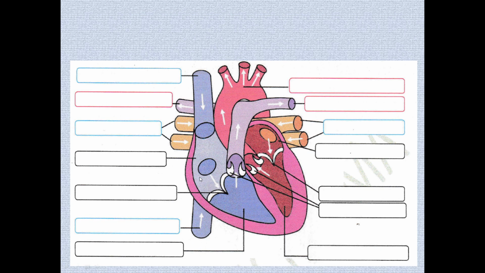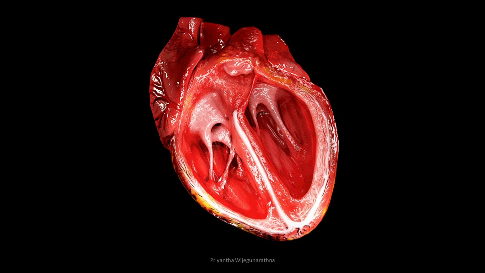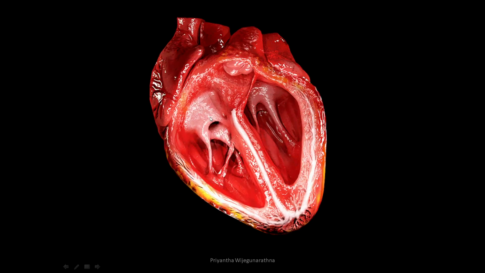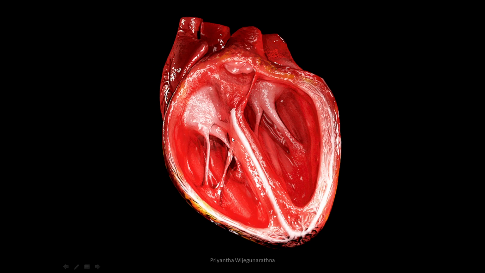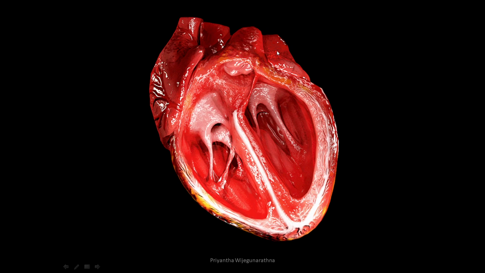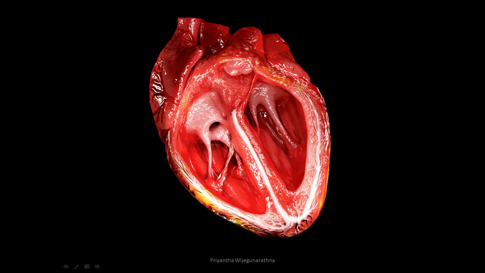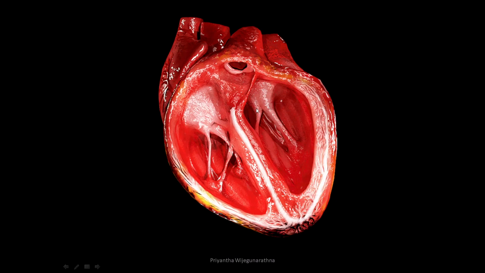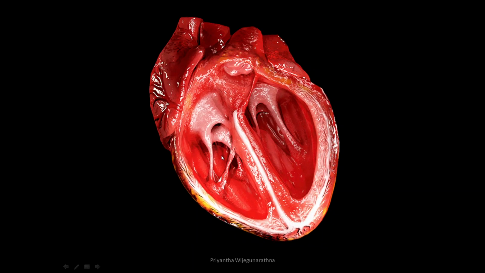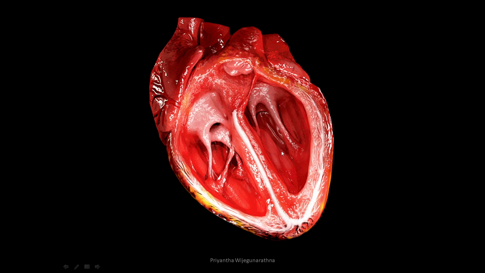Cuspid means having these string-like structures. In this valve there are three cuspids, so it is called tricuspid. And the valve between the left atrium and left ventricle is called bicuspid. It has only two cuspids.